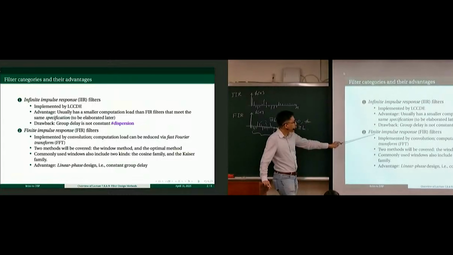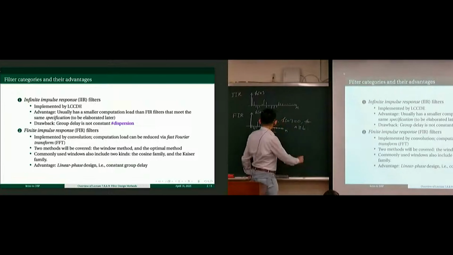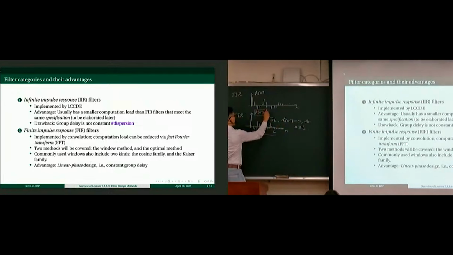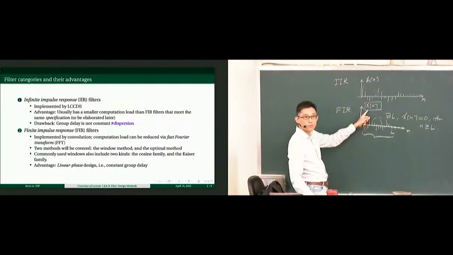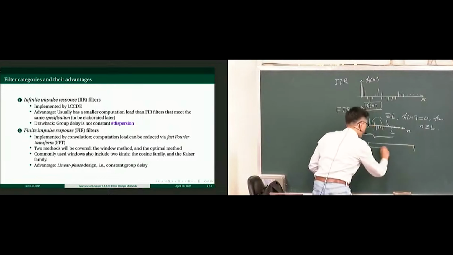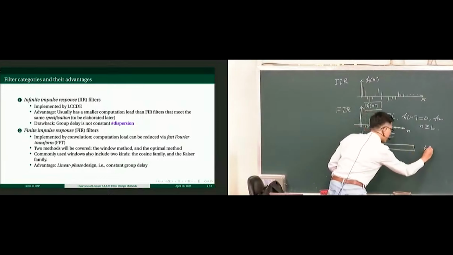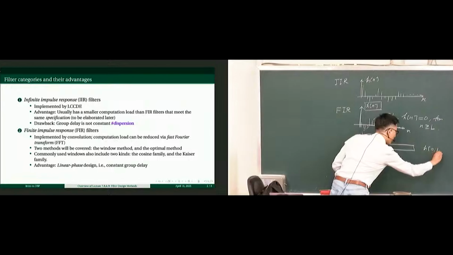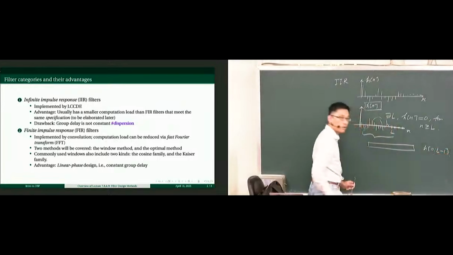Whereas for an FIR filter, we have a filter which has a finite impulse response. So practically, you would store all the sample values, say h of 0 all the way to h of L minus 1 in MATLAB syntax.